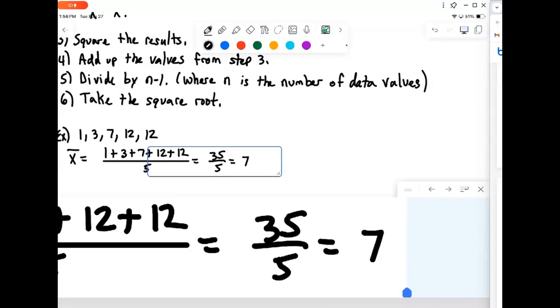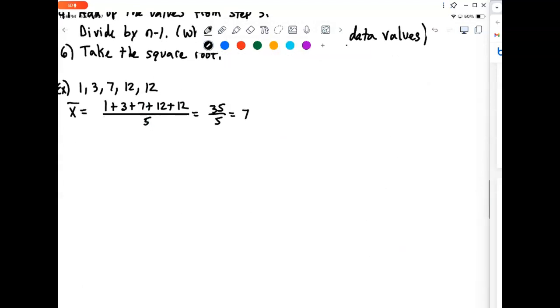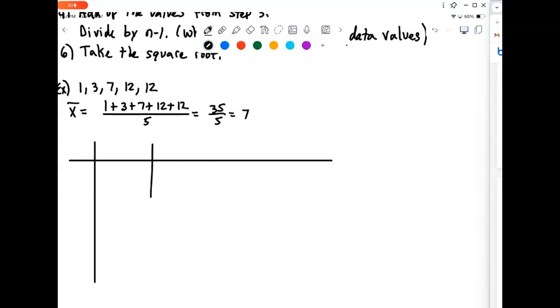For steps 2, 3, and 4, I like to create a chart. I think creating a chart makes those steps a little bit easier. So I make a little chart here, and in that chart, I write down 3 columns.